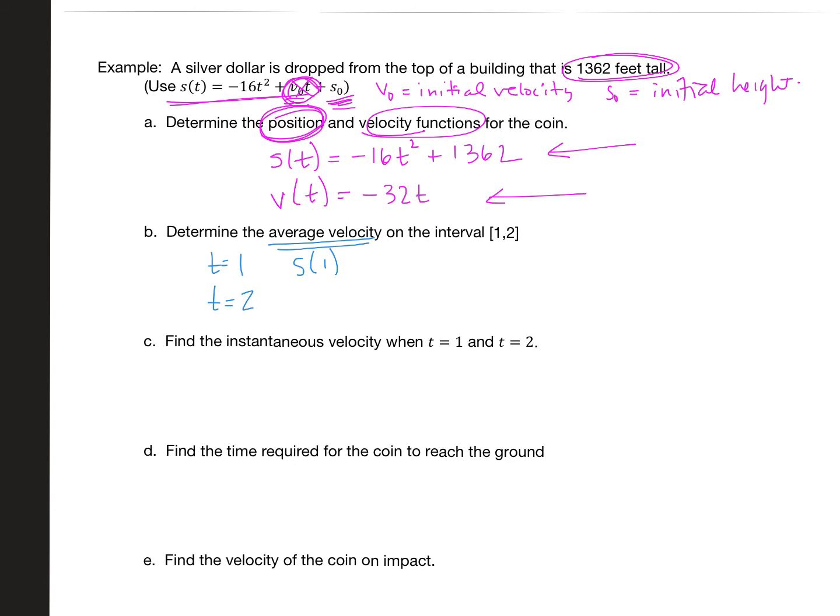When I plug in 1 into the S function, I will get a height of 1346. And when I plug 2 into that position function, I will get a height of negative 16 times 4 plus 1362, 1298.